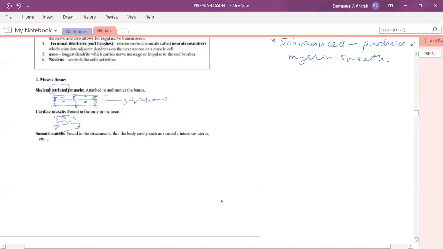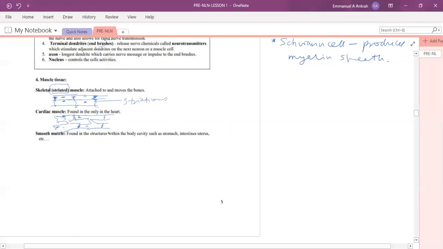And you have the nucleus, then you have another cell. They show interconnections. So if you see a diagram that looks like this, then you talk about cardiac muscle, the interconnections. So it's found in the heart.